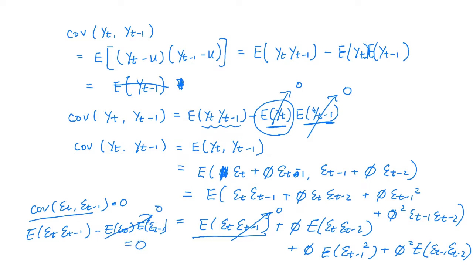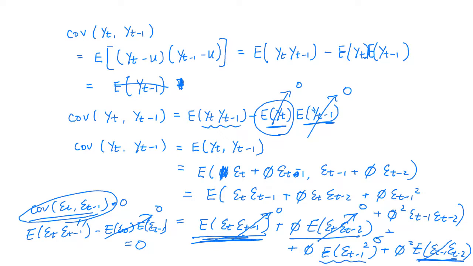So the covariance here is 0. Terms not in the same period equal 0. This remains as sigma squared, and this becomes 0. So the covariance with yt minus 1 is equal to this for an MA(1) process.